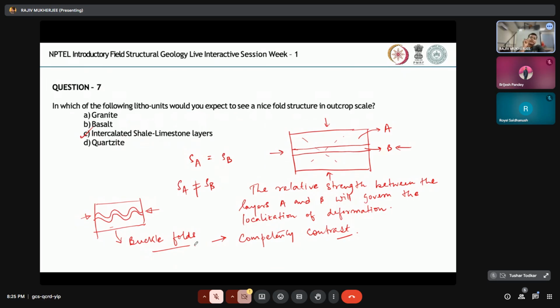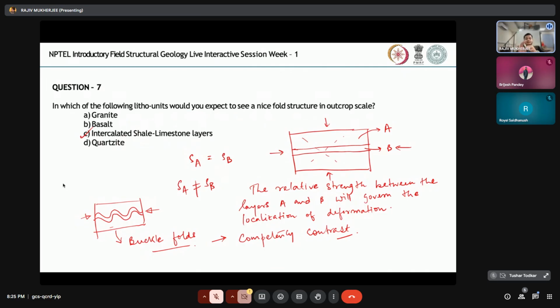So to develop these kinds of folded structures and ductile signatures like shear zones, you will need some heterogeneity in terms of the composition, so that there will be a variation in the strength of the material. That is important because you need materials which have different strength. You can obviously have different compositions of material, but if those two materials end up having the same strength, then there is no point of having ductile deformation in the material.